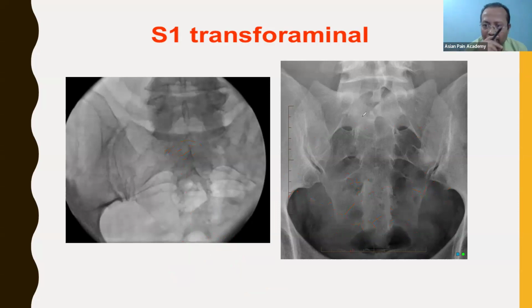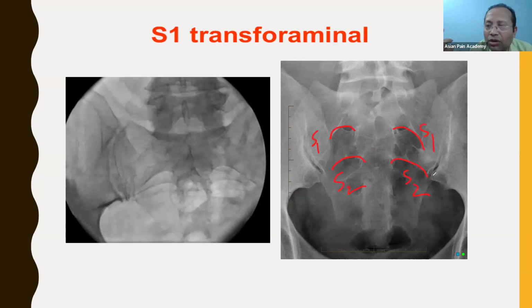So just remember, when we are seeing, say this is an AP view, we are seeing two types of foramen here. In a two-dimensional view, we are seeing a three-dimensional structure. So two types of foramen. One foramen is very nicely seen. But the problem is, whatever is seen nicely is not of very great importance. So this is S1, this is also S1, this is S2, this is S2, but they are anterior foramen.